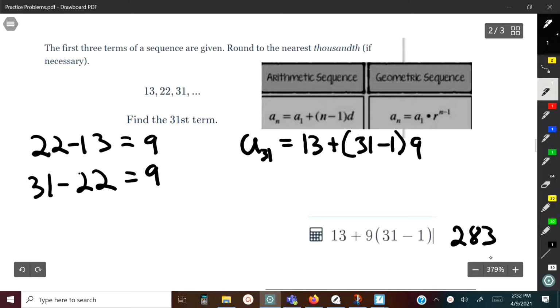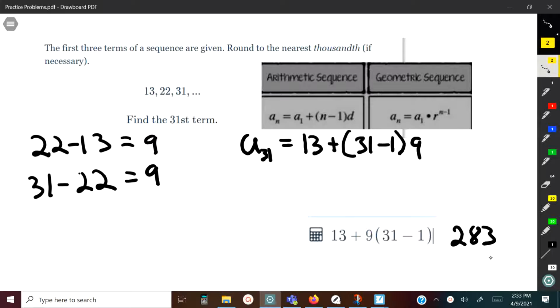Okay, so I saw that it had a common difference, went ahead and used the arithmetic sequence, plugged in my first term, my nth term, and my common difference. And again, you can put that 9 here or here. When I typed it in, I put it right in front of it. But you could put it either way and type it in the calculator either way. And hit enter, I get 283.